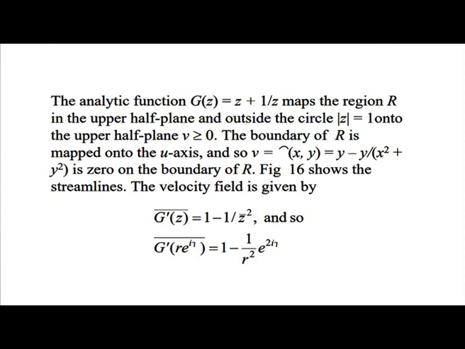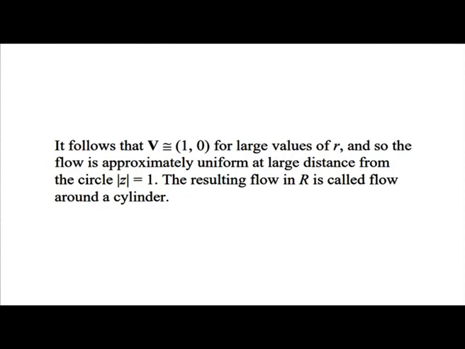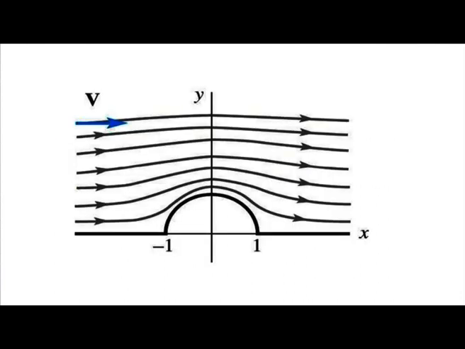It follows that V is approximately (1, 0) for large values of r, and so the flow is approximately uniform at large distance from the circle |z| = 1. The resulting flow in R is called the flow around a cylinder. See the figure, which will help you to understand it better.